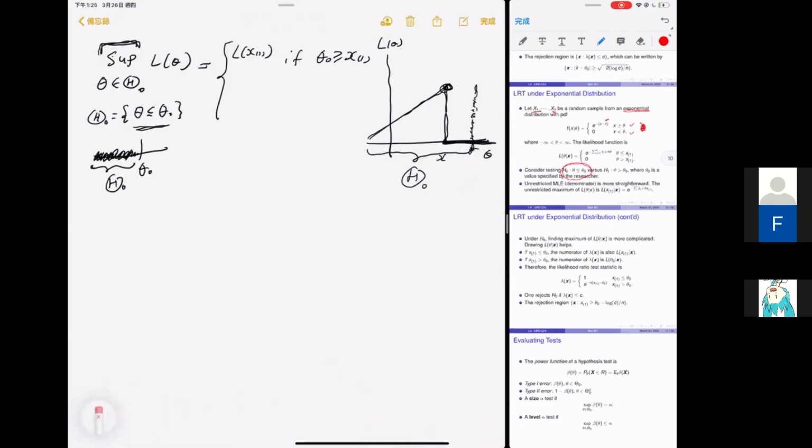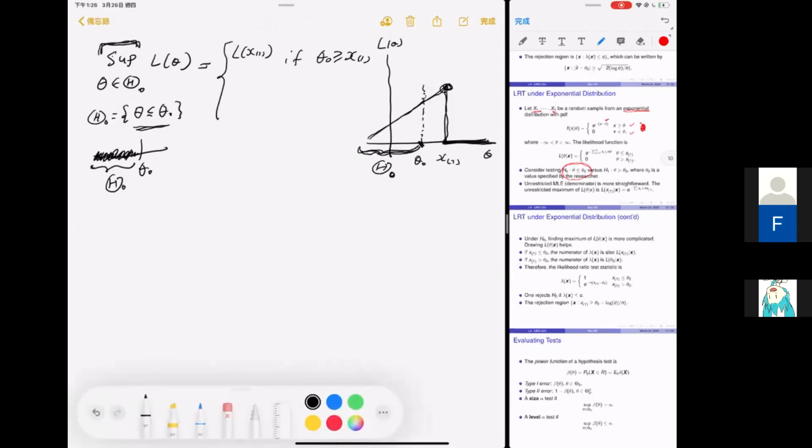But what if your theta 0 is here? If your theta 0 is here, your null space only happens here, and you need to find the maximizer only within the null space. That means you don't count every one of them.